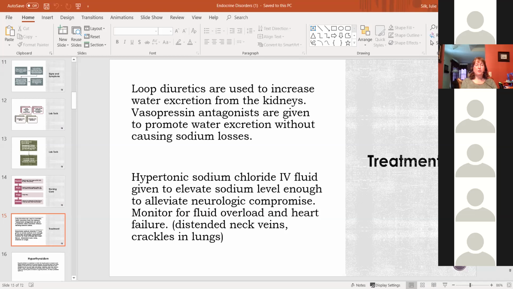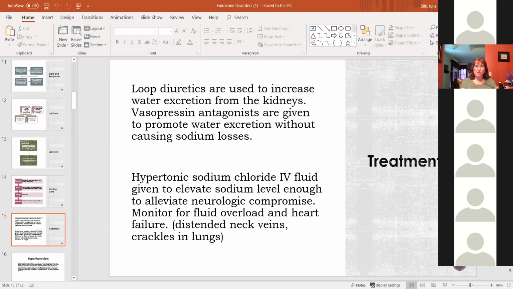And then, believe it or not, there's times where we actually give hypertonic IV solution. So this is like that 3% saline. So this is going to remove fluid from the cell and take it back into the vascular system where they have too much fluid, but it helps to get some of that urinated out.